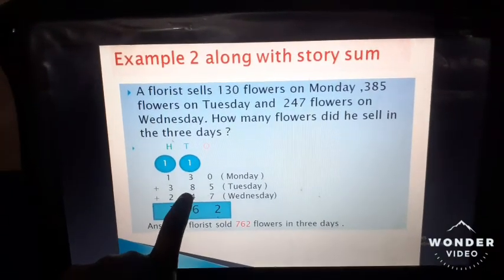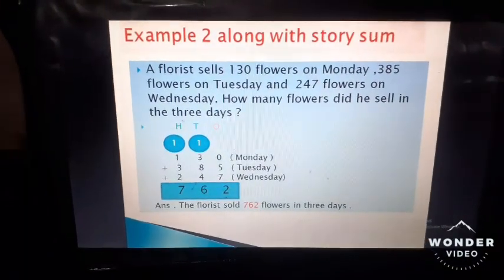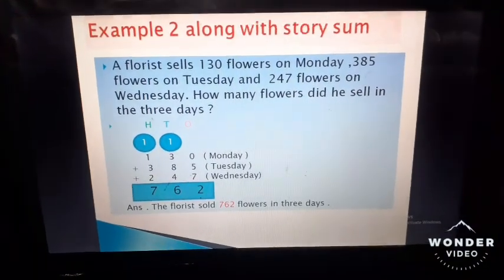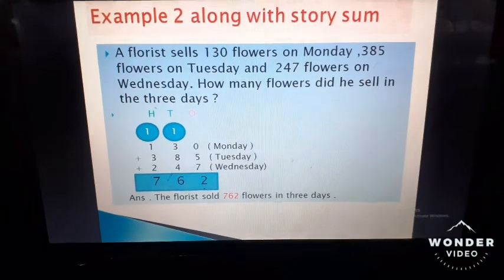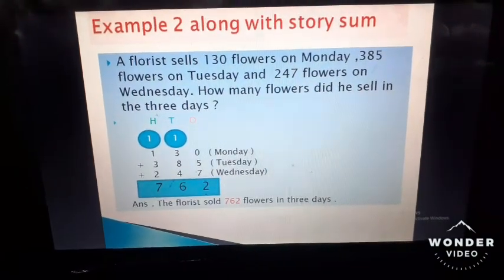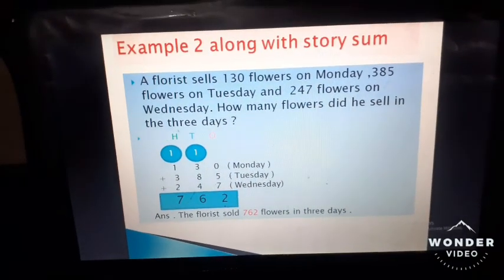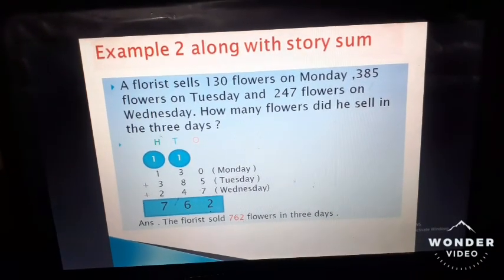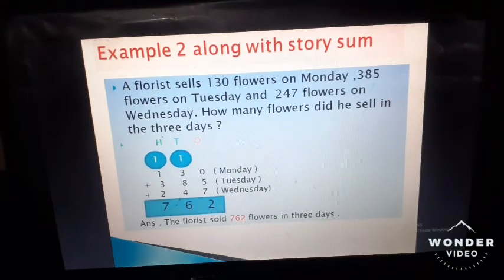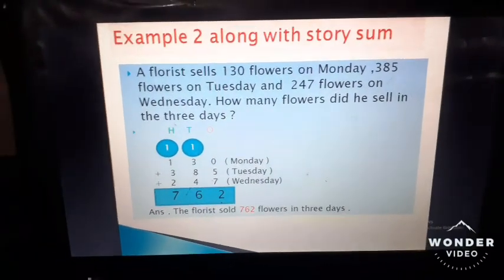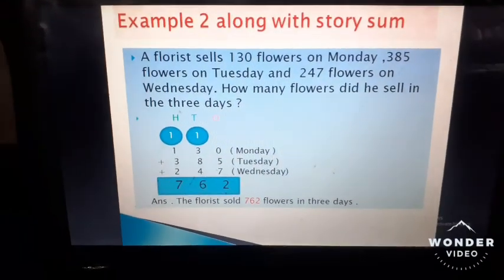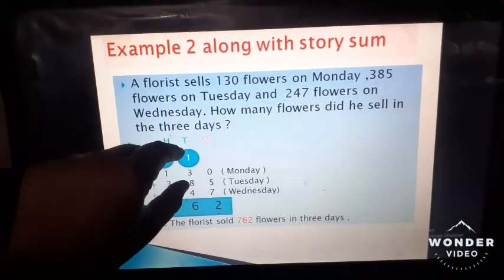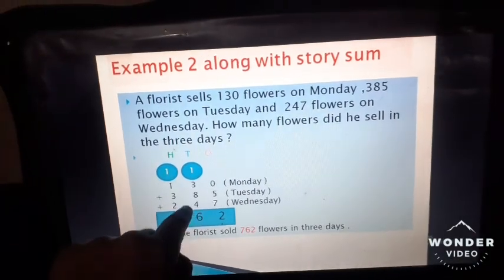Now 4 plus 8. 4 will be in my mind and 8 will be on my fingers. I have to start counting on these 8 fingers after 4. That is 5, 6, 7, 8, 9, 10, 11, 12. My answer is 12. So 3 plus 8 plus 1 is 12. Now we have to add 4 more.